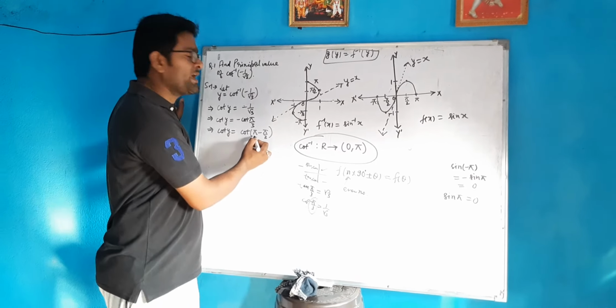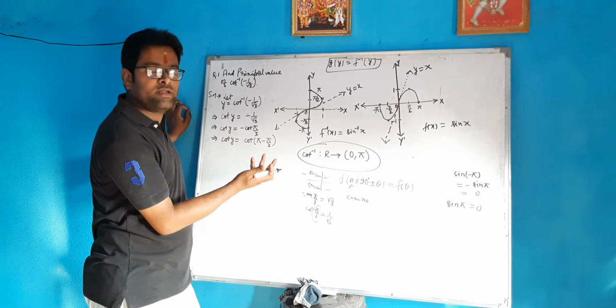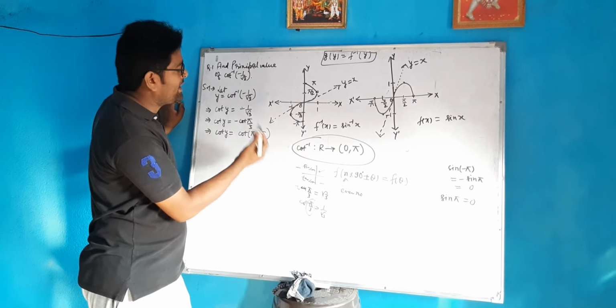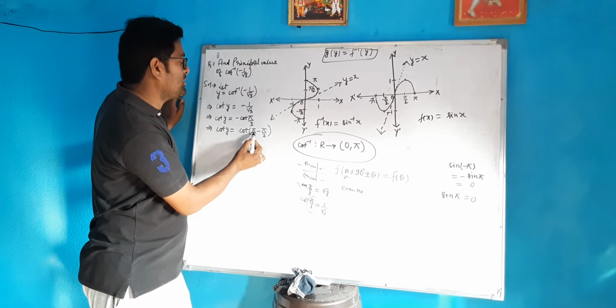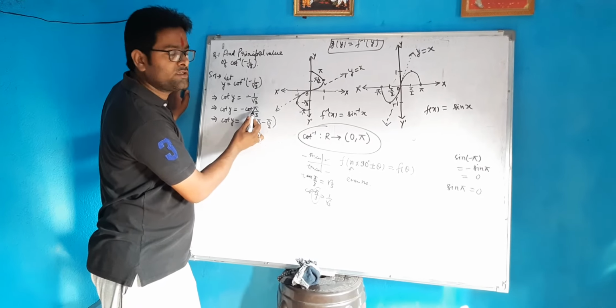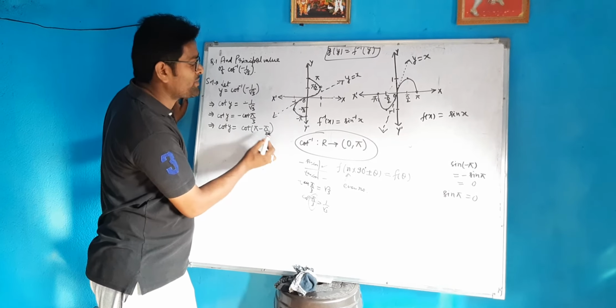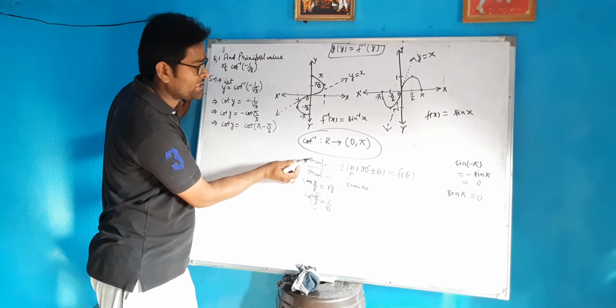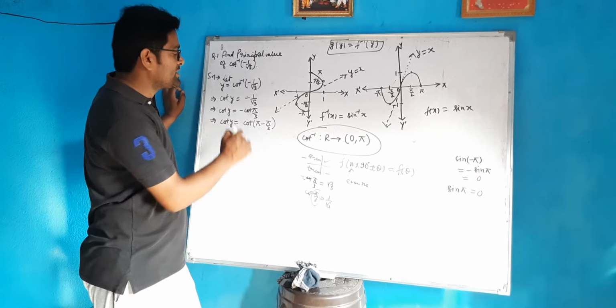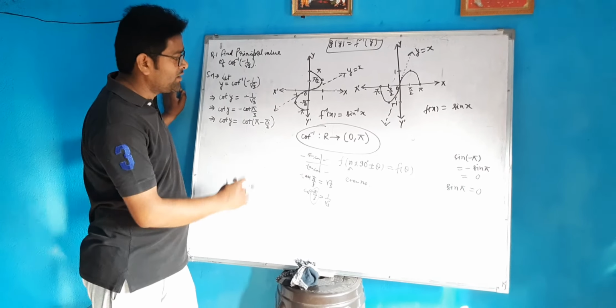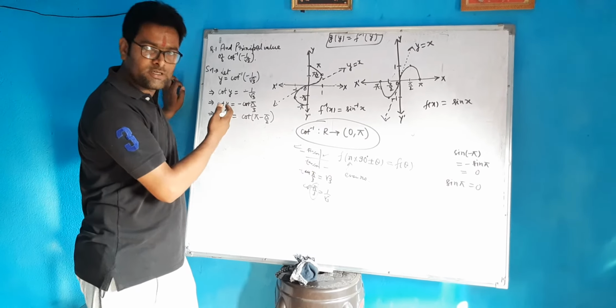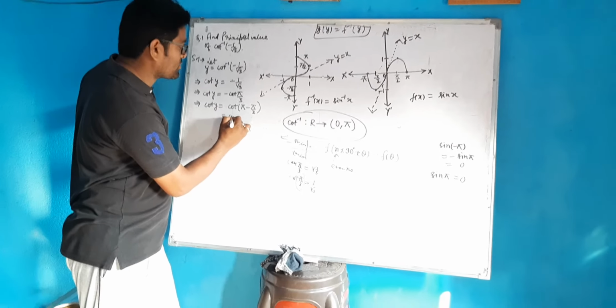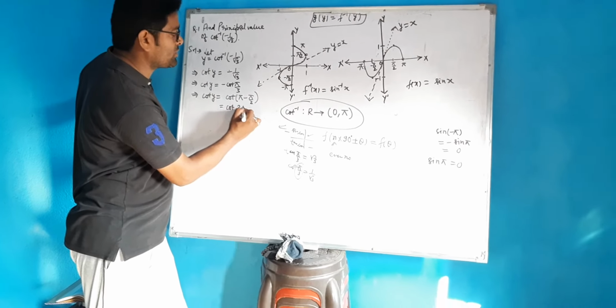Here we have pi, meaning 2 into pi by 2, which is even, so the function remains the same, and after that it is cot pi by 3. Pi minus pi by 3 belongs to the second quadrant, where cot is negative, so it satisfies my condition. I have applied a class 11 level concept here. So cot of pi minus pi by 3 is cot 2 pi by 3.